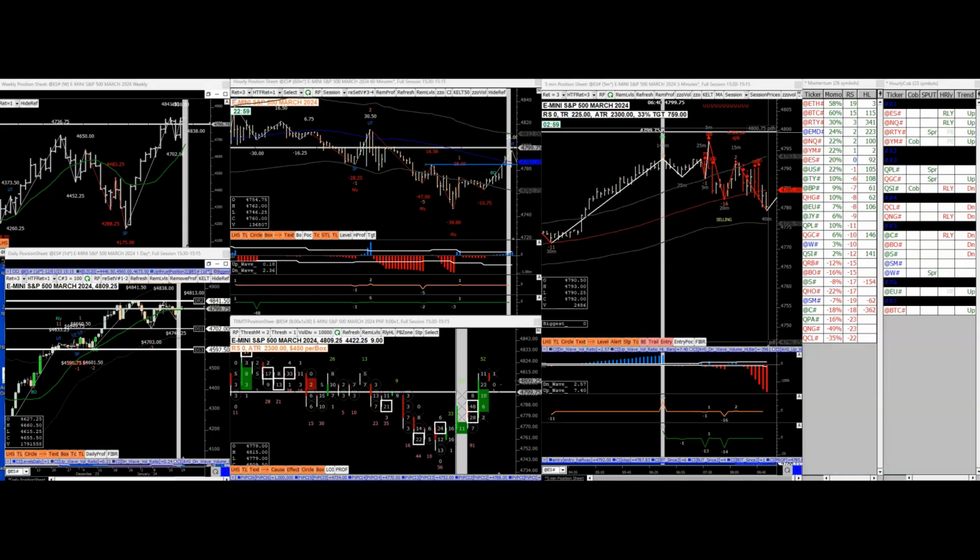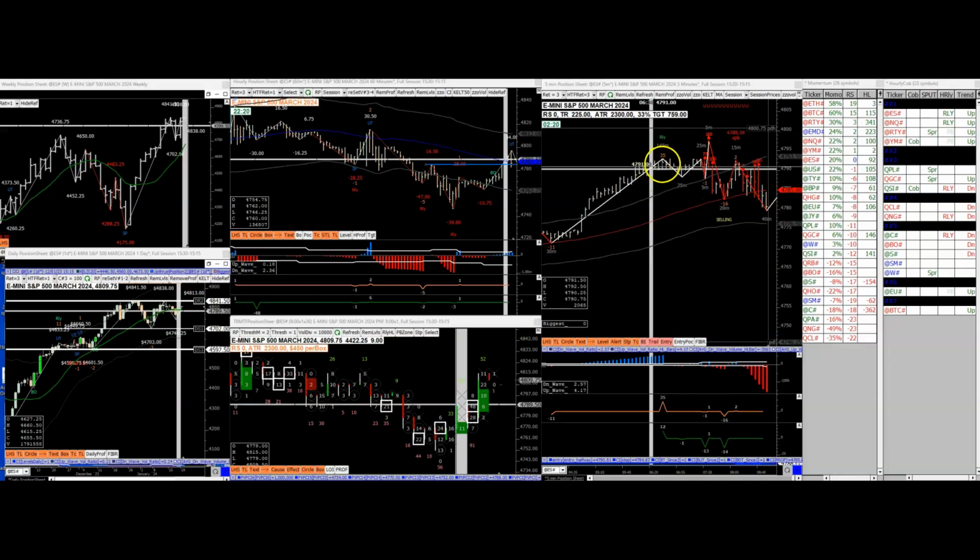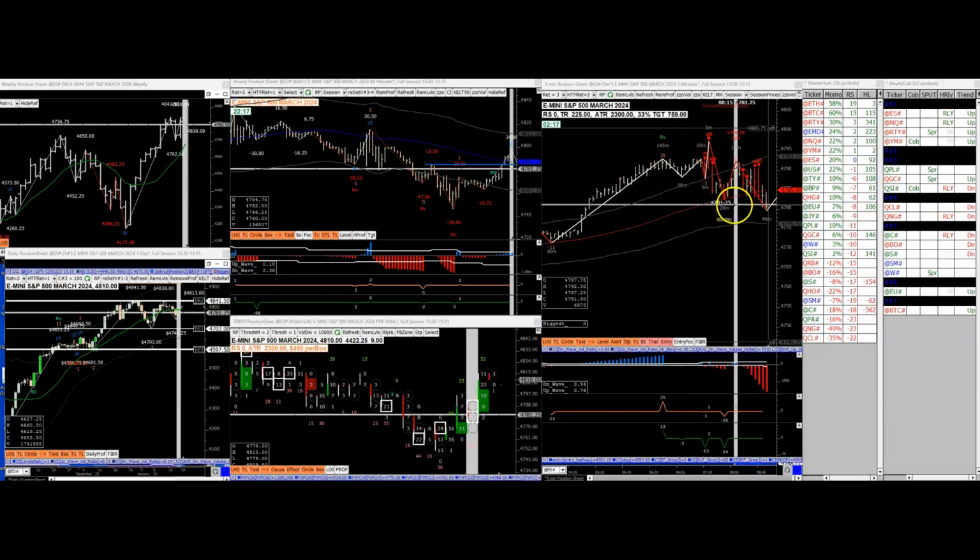Lower time frame factors: the range of the bars needing to be big; a trend break with at least a lower low for a bearish change of behavior or a higher high for a bullish change of behavior; and three, accumulation or distribution behind the change of behavior. In this case, I clearly show you the distribution right behind the change of behavior.